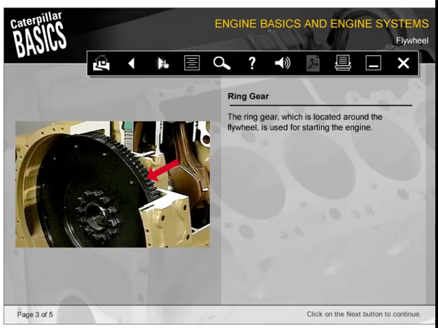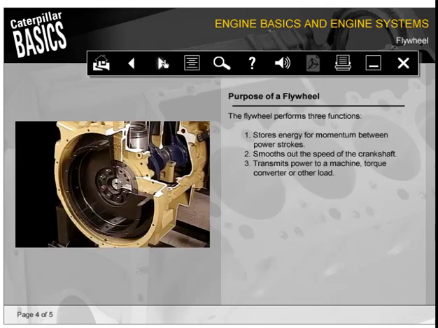The ring gear, which is located around the flywheel, is used for starting the engine. The flywheel performs 3 functions. It stores energy for momentum between power strokes, smooths out the speed of the crankshaft, and transmits power to a machine, torque converter, or other load.